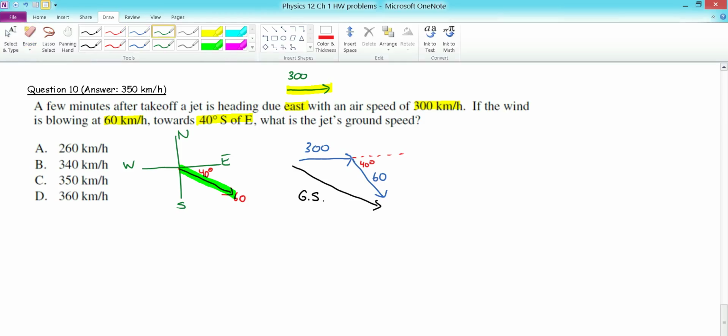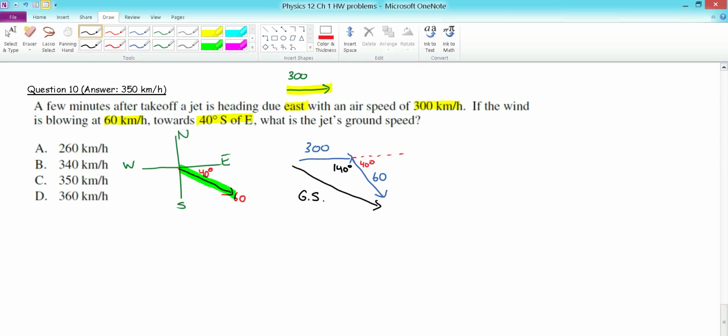If this was a right angle triangle, this would be 90 degrees. And if I want to find the remaining degrees here, that would be 50 degrees. 40 plus 50 would be 90. So the total angle here is simply going to be 140 degrees.